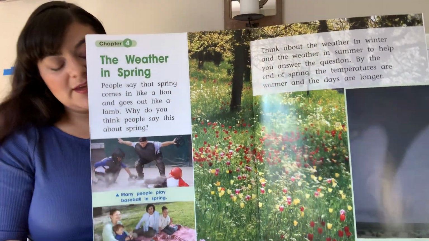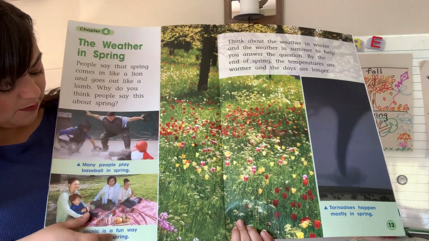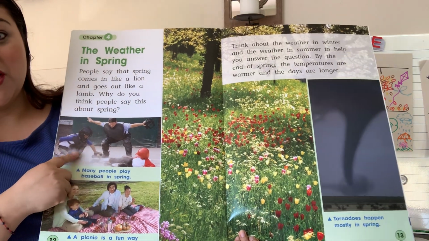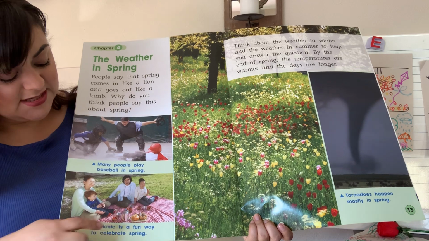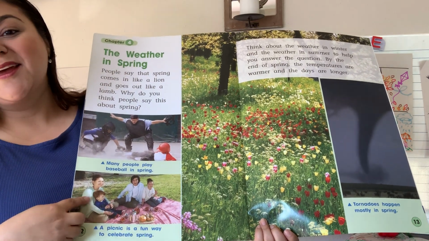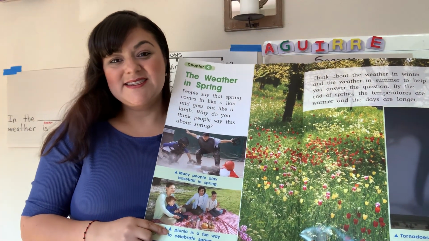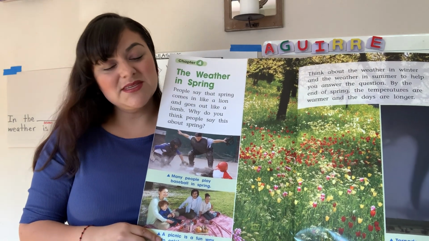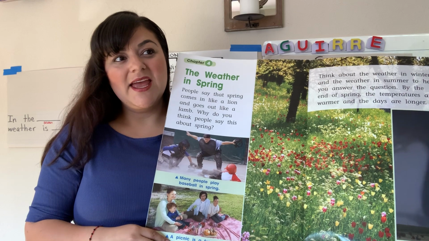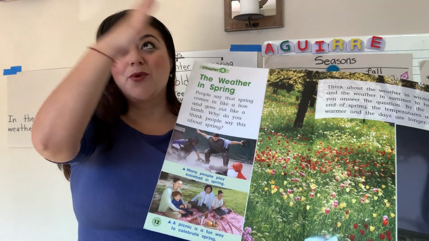And here are some things people do in the spring. Many people play baseball in the spring. A picnic is a fun way to celebrate springtime because the weather is nice and breezy, it's sunny. Sometimes it rains, but then the sun is out and you can see a rainbow.